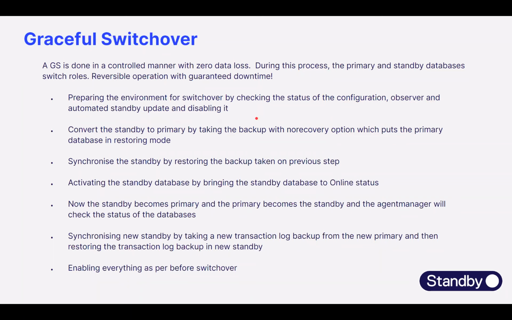So it's a very one-click action, and you don't have to manually disable the log shipping if you do not wish. After the switchover, once everything is finished and done, we enable the observer and the log shipping again. So you don't have to do anything manually.